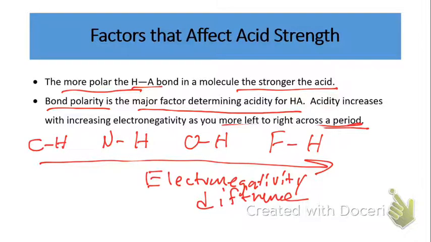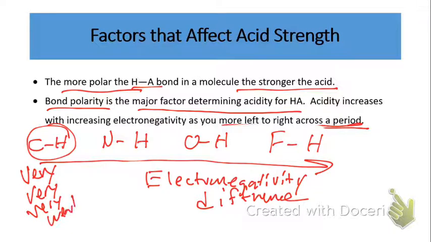We already talked about the CH bond here. It's not even polar because the electronegativity difference is not there. So CH bonds are very, very weak acids. And then the NH bond is a little bit stronger, more acidic than a CH bond, but even so, it's still fairly weak, and therefore NH bonds usually denote bases.